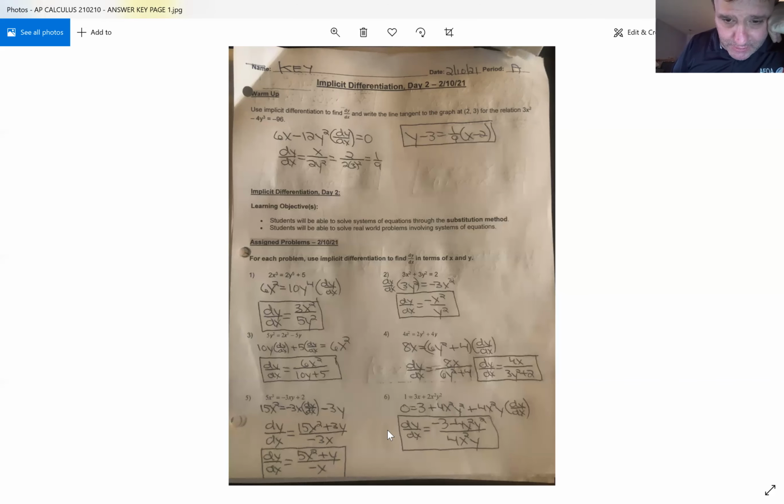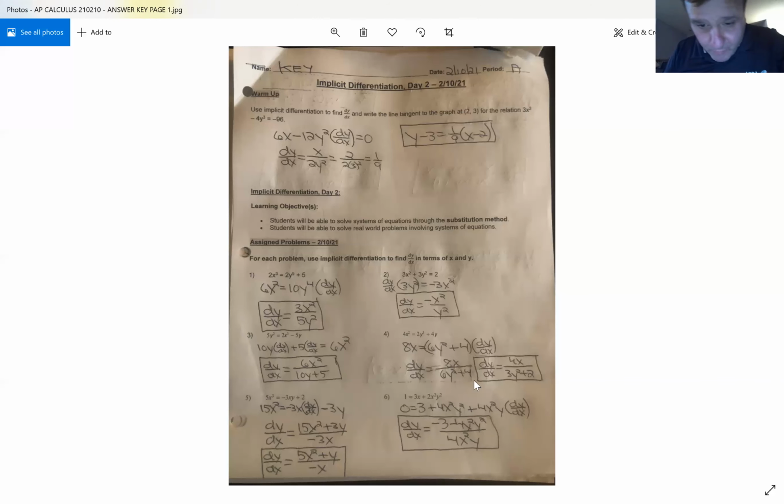And then on 6, again, you have power rule and product rule. So did I make a mistake here too? No, that's all set. That should be 4x though.